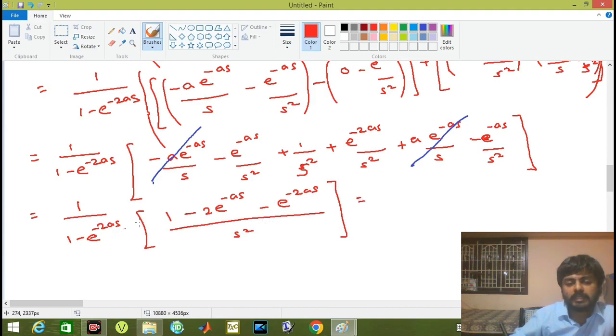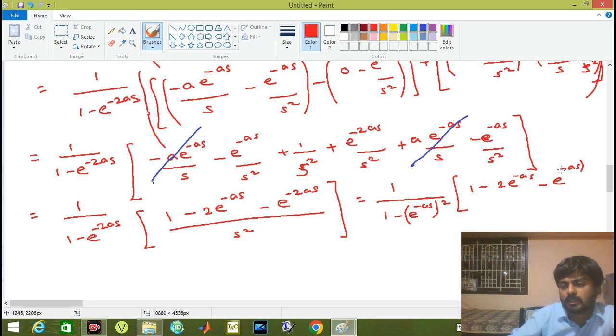Okay, so I shall simplify this as 1 divided by 1 minus e power of minus as, the whole square, into 1 minus 2 e power minus as minus e power minus as the whole square.